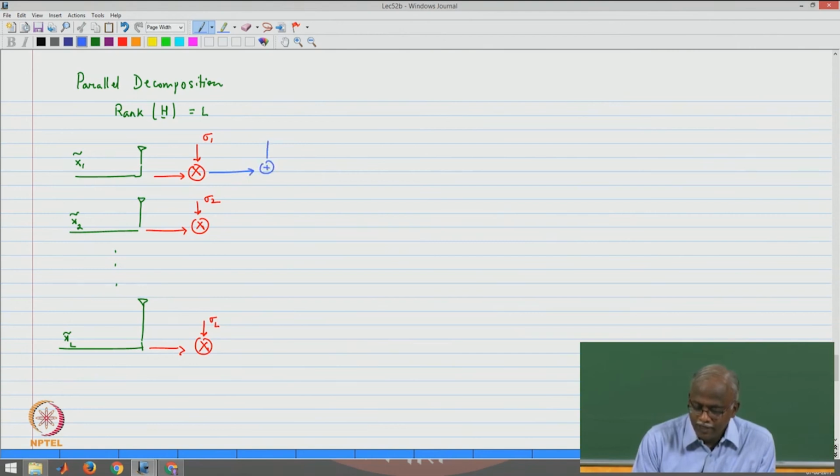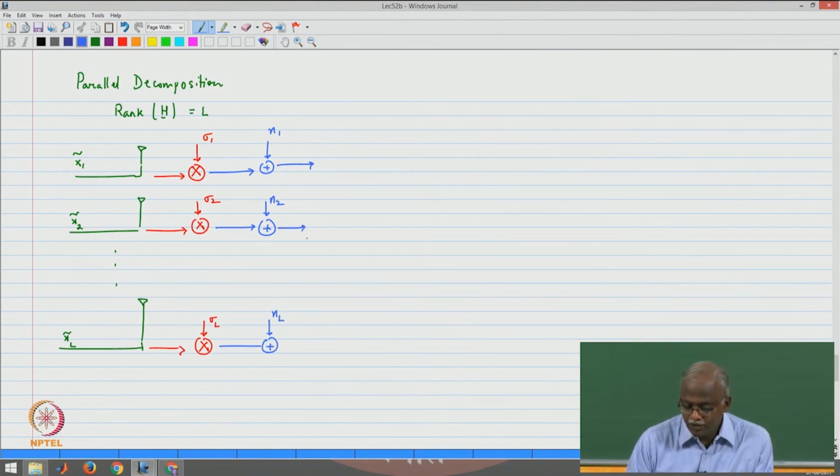So, on the first branch we get a noise term N1, on the second branch we get a noise term N2, and on the third and the last branch we get a noise term NL. Now, this comes out at the receiver, and this is what is picked up by the receive antennas. The number of receive antennas is also equal to L.